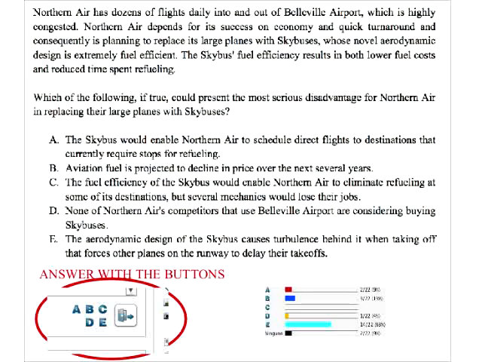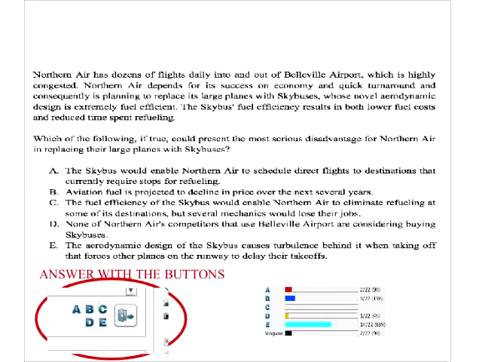Here's the story with the big picture of this argument. Northern Air depends for its success on the economy and a quick turnaround. And so it is planning to replace its large planes with Skybuses.